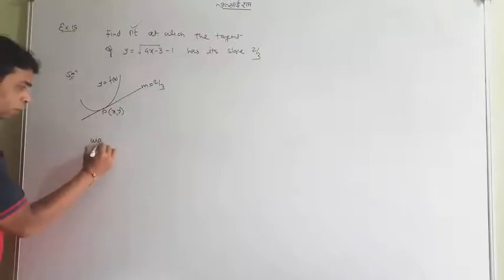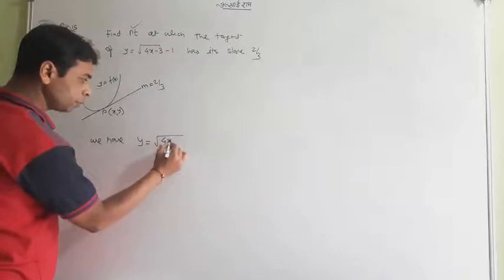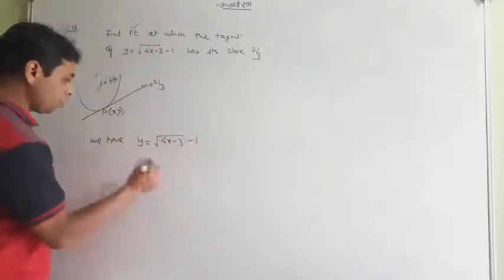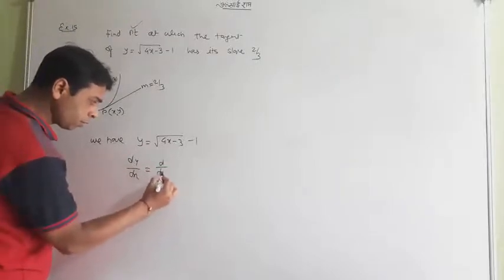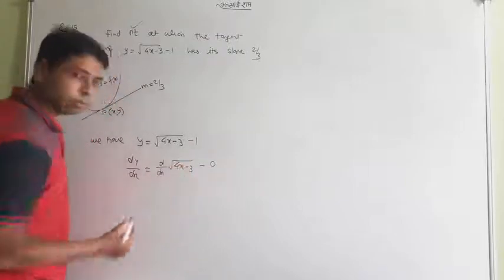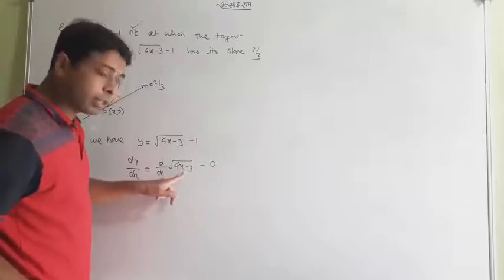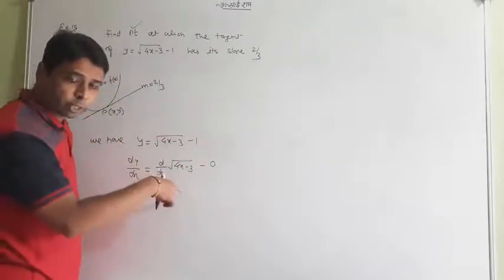Whatever the function is, I'll write it. This is the equation given. So go on, dy by dx. dy by dx of 1 is 0. dy by dx of root of 4x minus 3: what is the chain rule? First the square root, then 4x minus 3.